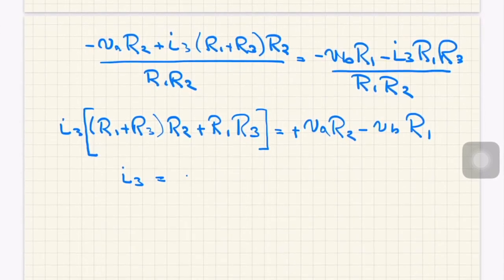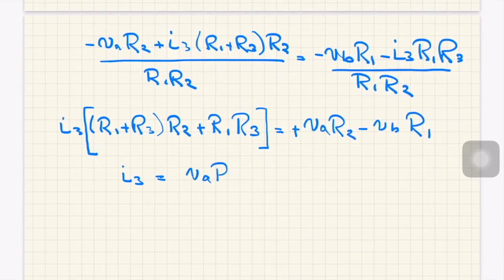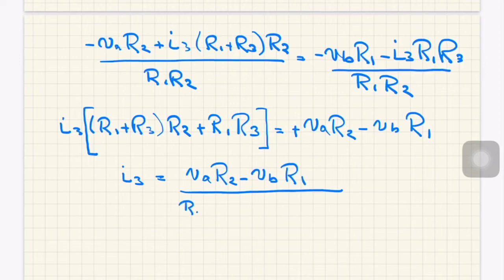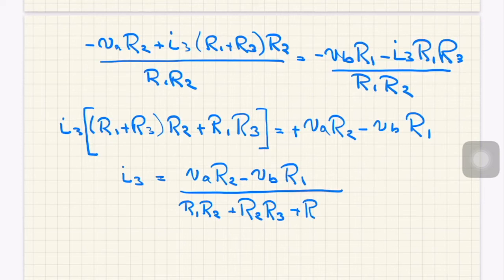So now I can say that my solution is VA times R2 minus VB times R1, and then down the bottom here I can multiply this out, and I see that I have R1 times R2 plus R2 times R3 plus R1 times R3.